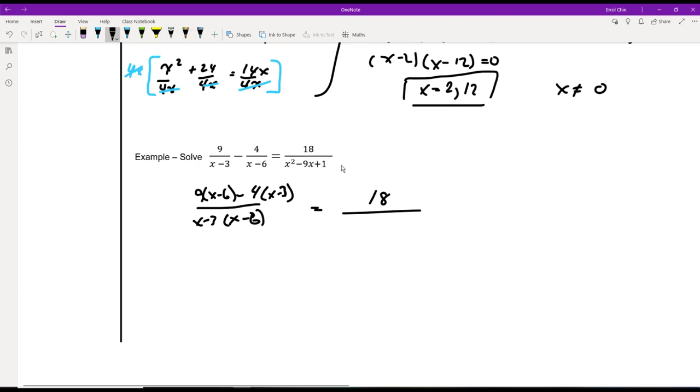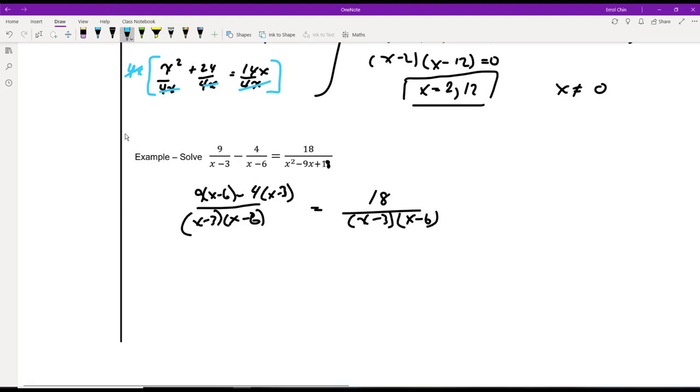That should be 18. Okay, I'm just going to pause for a second. Yeah, so it's a typo. It should be x squared minus 9x plus 18, which conveniently is the exact same denominator we have on the left-hand side of the equal sign.